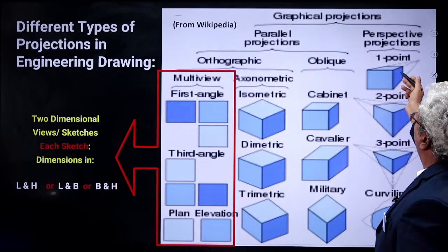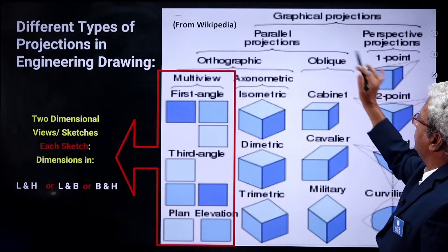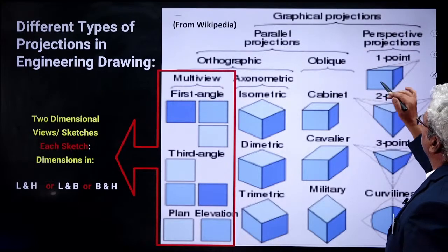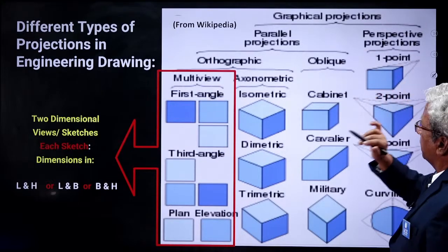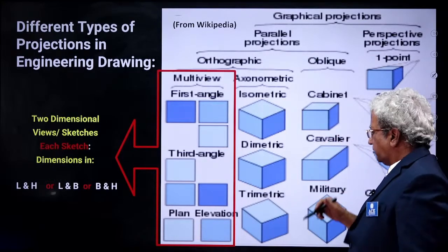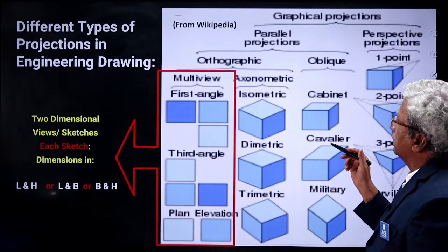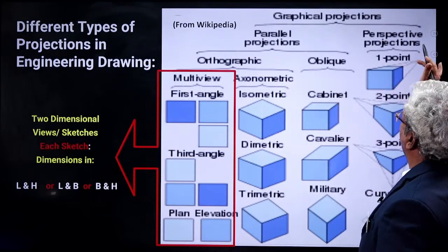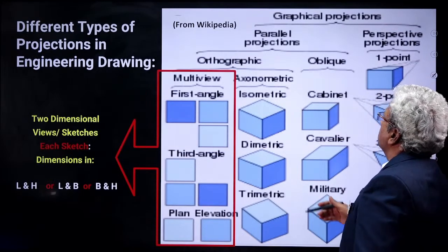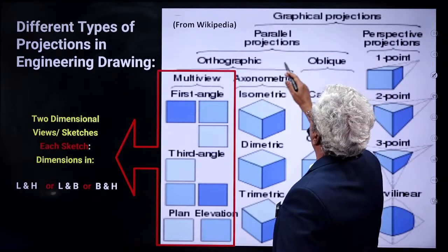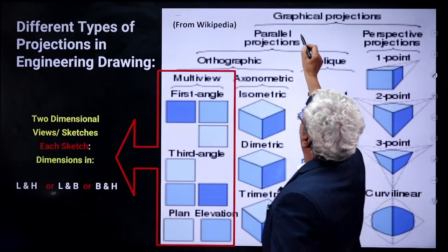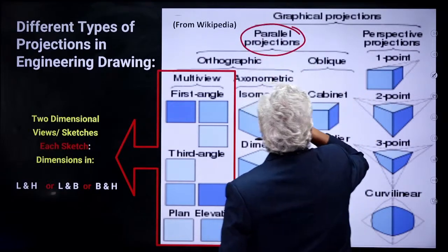You can see the classification of orthographic projections as a part of graphical projections, in which orthographic projections, oblique views and axonometric views come under parallel projections. I will tell why parallel projection.